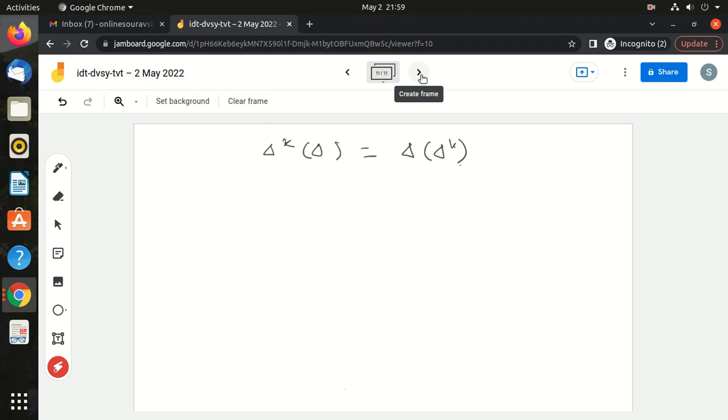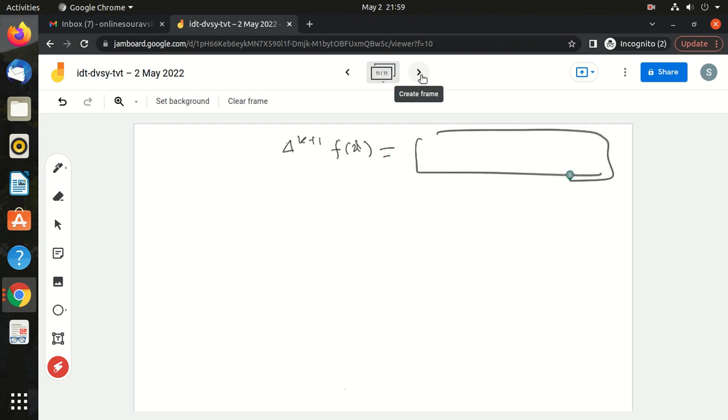Not exactly that. What you have to prove is that delta k plus 1 of f has that big chunk of expression. Not anything else. Your proof is not at all there. You have to prove it. Oh, sorry, I understood. Okay, your proof has been shifted. So let me look at what the expression was.